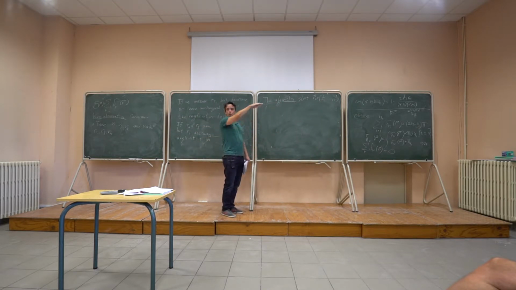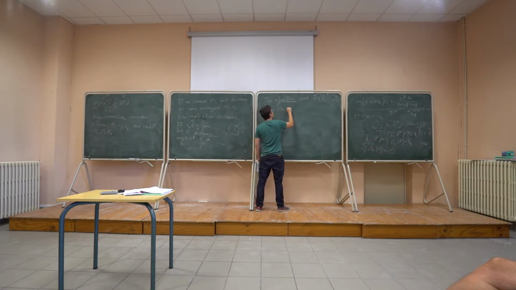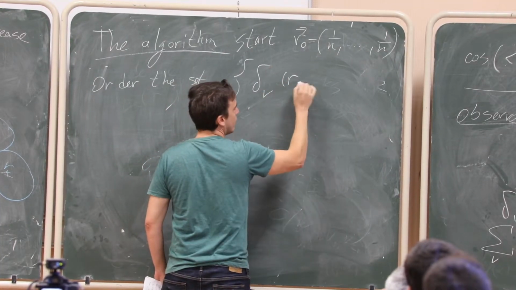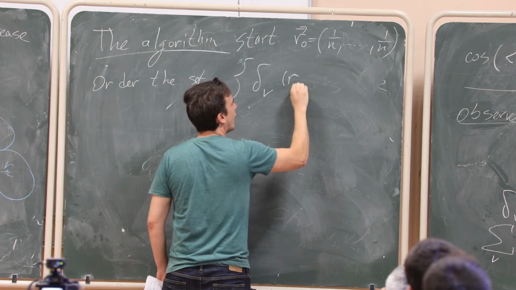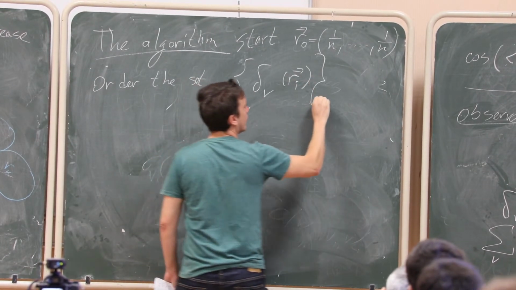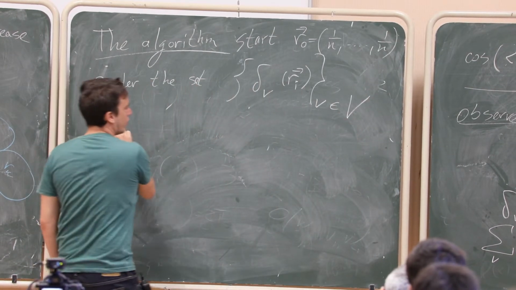So I start with one particular vector, and I order the set. I look at the vector of defects at each iteration of the algorithm, and I just order it and draw it on the line.